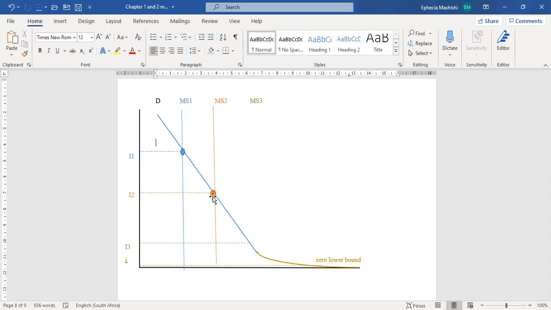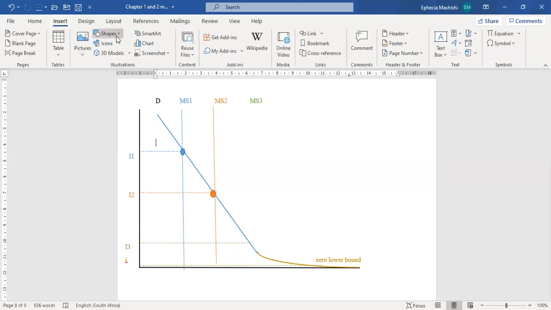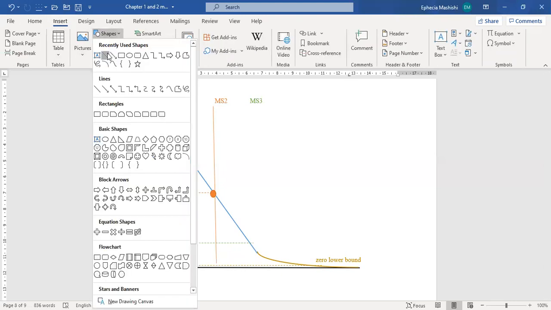Now let's say even after increasing the money supply, the central bank does not receive the response that it wanted from the economy. So the central bank decides, okay, we're going to increase the money supply again, to MS3.